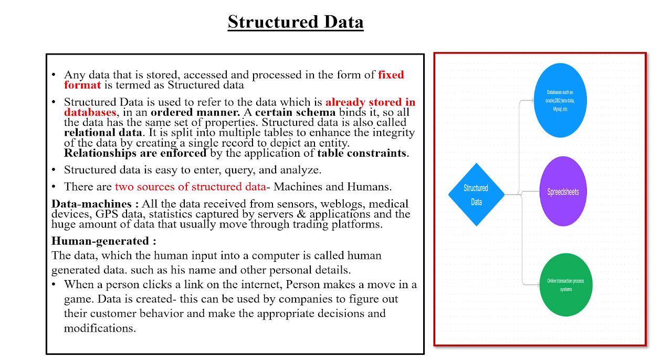The second source is human, that is, humans generate this data, like a human inputting into the computer his details like his name or other personal details, or, for example, clicking on the internet or the moves that he makes in a game.